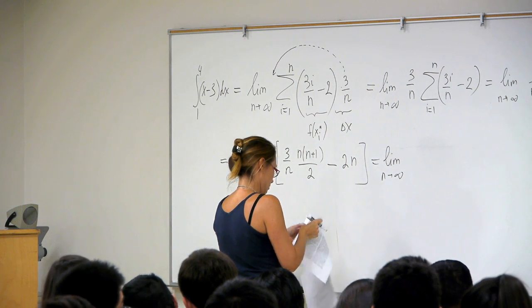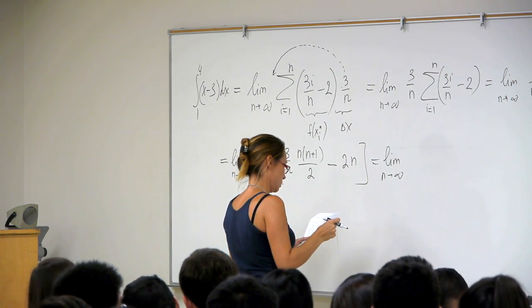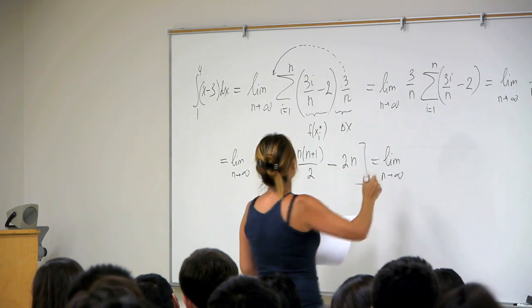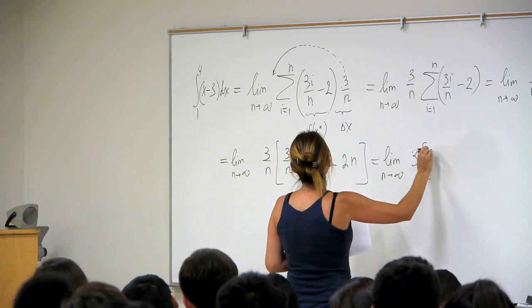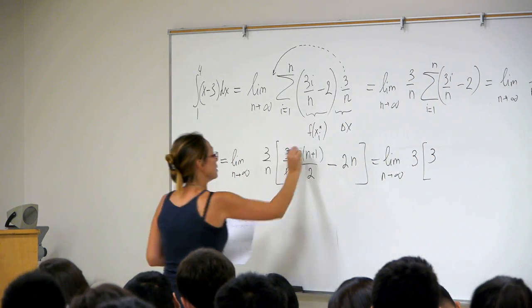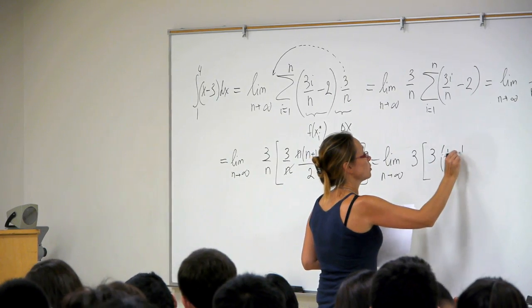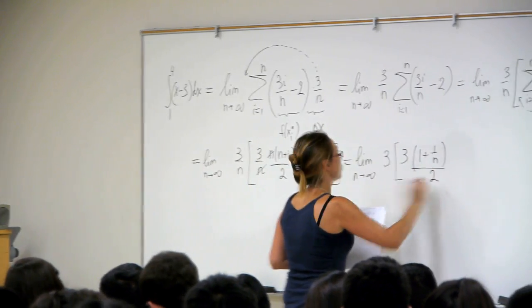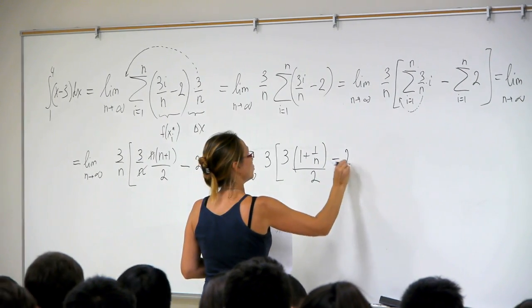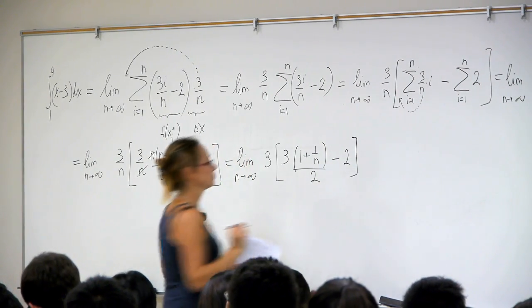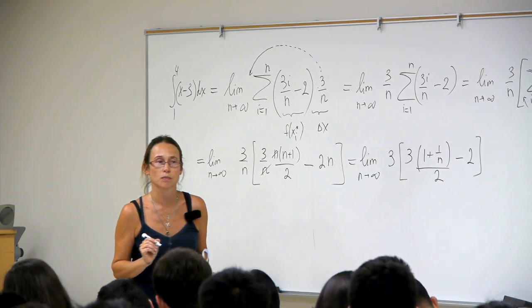So 3, this n cancels, and I'm dividing by n. So I have 1 plus 1 over n, over 2, minus 2. Okay, dividing through by n, all the terms.